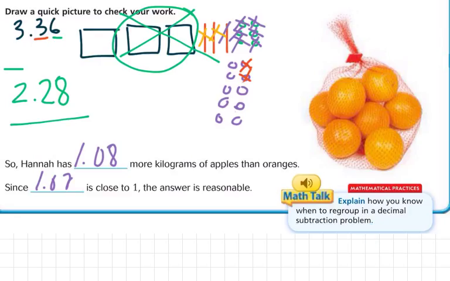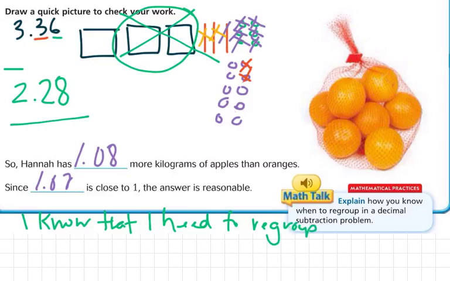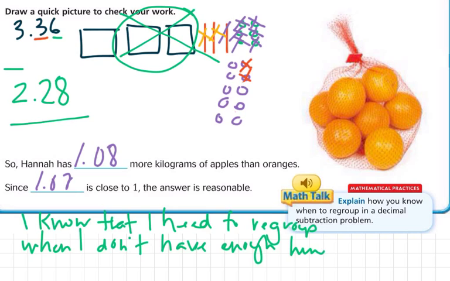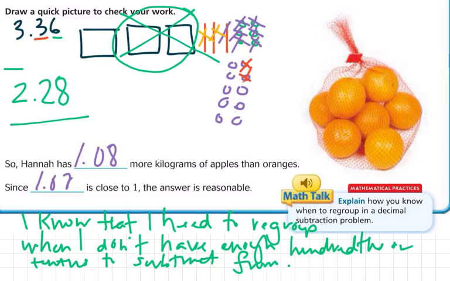This is something we talked a little bit about yesterday in an addition problem, but in a subtraction problem, you can say that I know that I need to regroup when I don't have enough hundredths or tenths to subtract from.